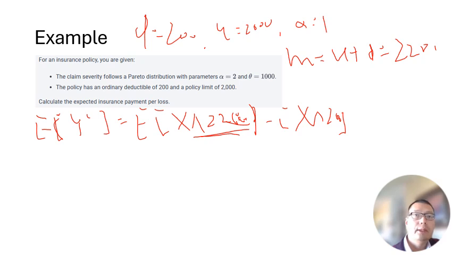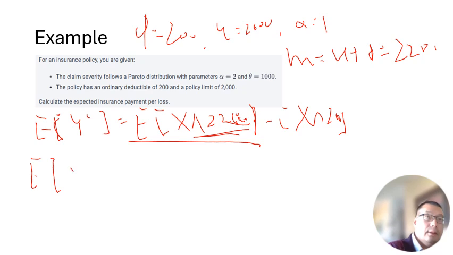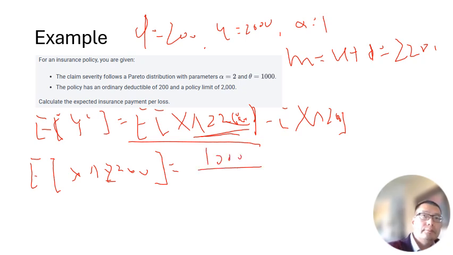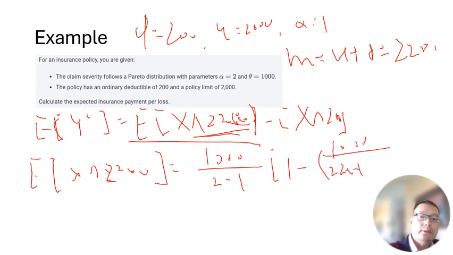The rest is just applying the formula, because in this part you will have a formula for E[X capped at 2200]. This is the formula based on the Pareto distribution. This alpha minus 1 is 2 minus 1, 1, times 1000 over 2200 plus 1000 to the power alpha minus 1. You will get 687.5.